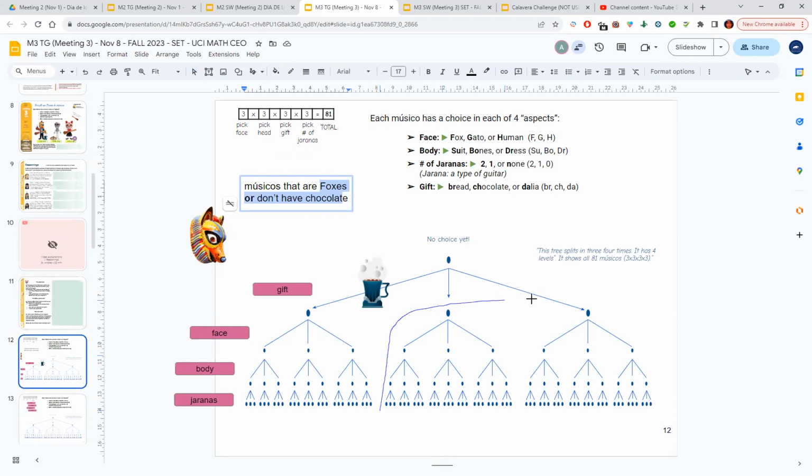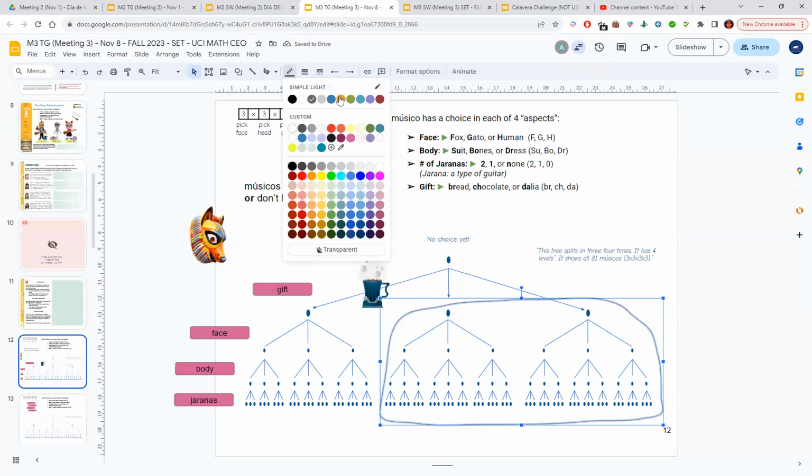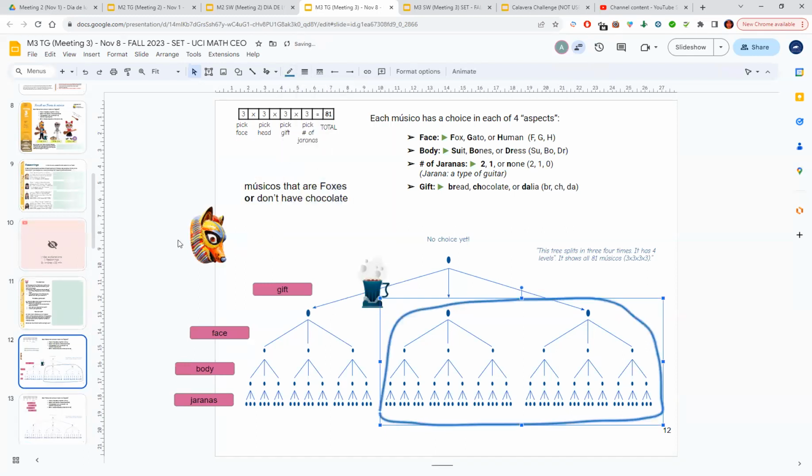Right now, we would have 2/3 of the tree captured here, that they don't bring a chocolate. Okay. And then músicos that are foxes. Well, let's just pretend that for the face, we pick the foxes here.